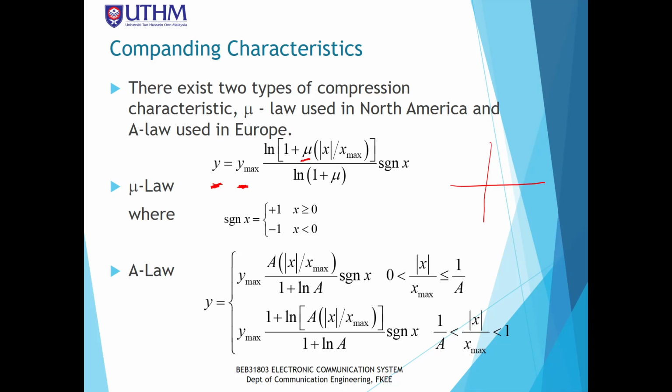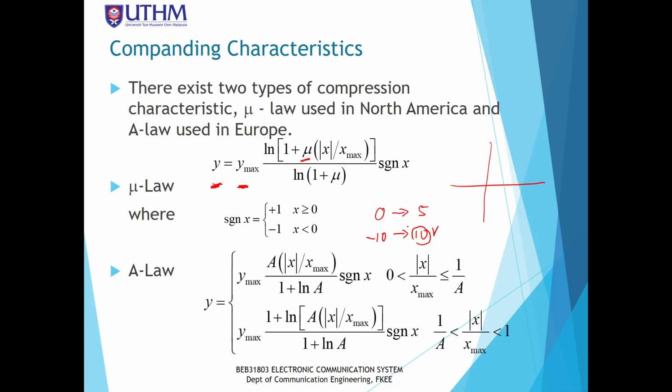For example, your input signal has a magnitude range from 0 until 5 volt, and your quantized level is from minus 10 until 10 volt. So the y max is 10.